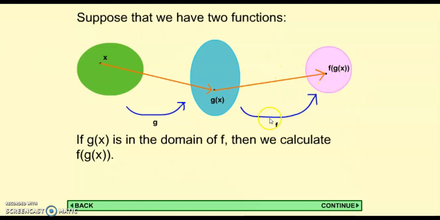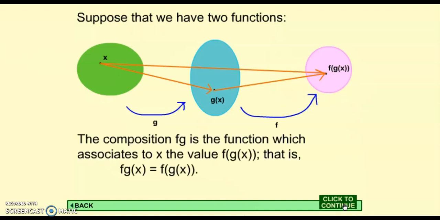As a result, our output will be f of g of x. That is how we have composed two functions. Or you can say that the composition fg is the function which associates to x the value f of g of x, that is f of g of x.